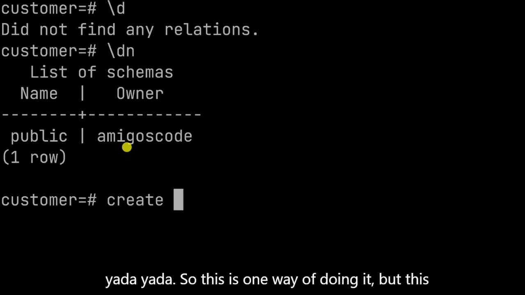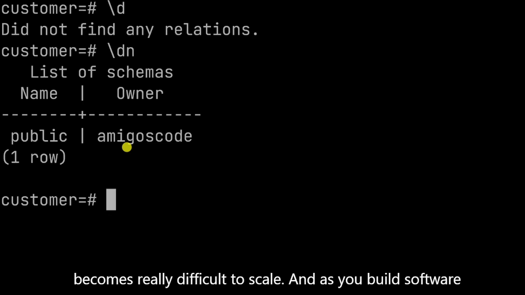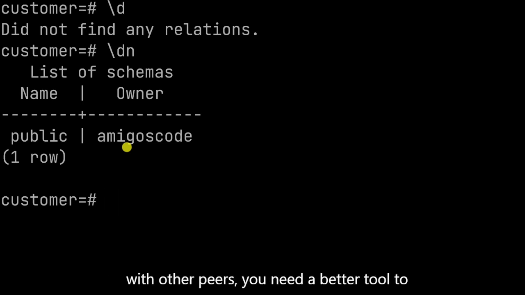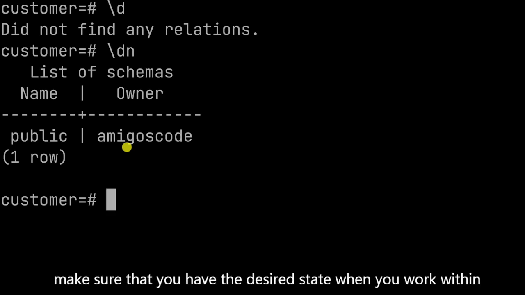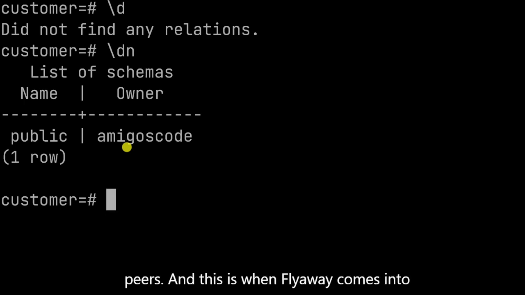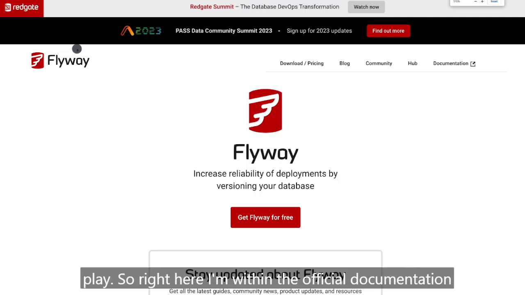So this is one way of doing it, but this becomes really difficult to scale. And as you build software with other peers, you need a better tool to manage your entire database relations and make sure that you have the desired state when you work within peers. And this is when Flyway comes into play.